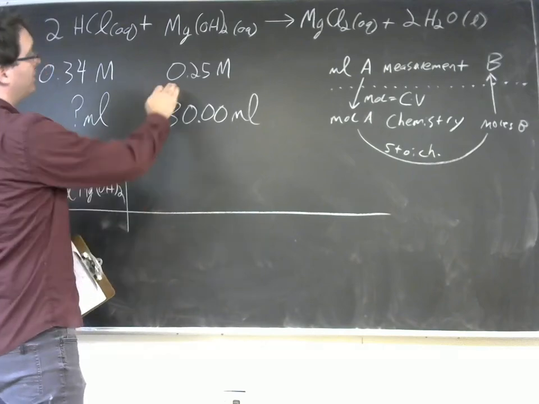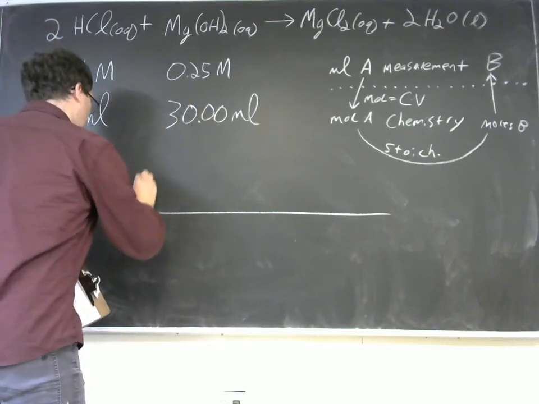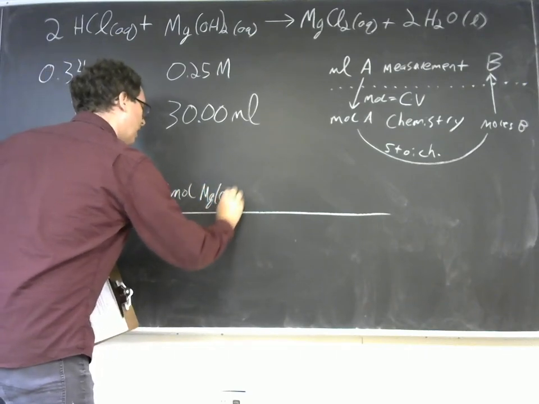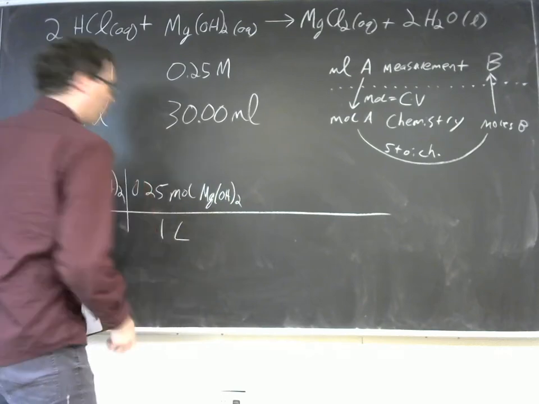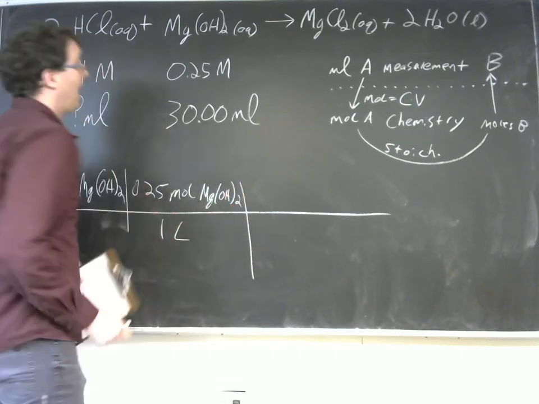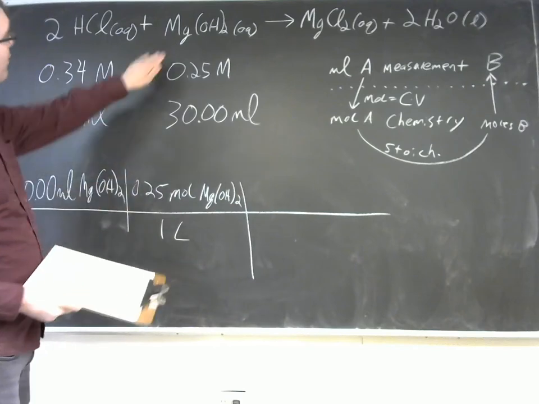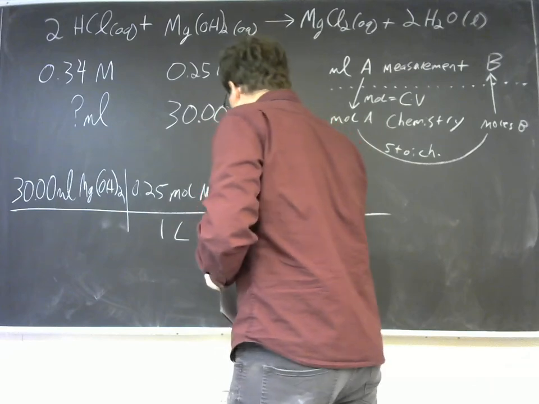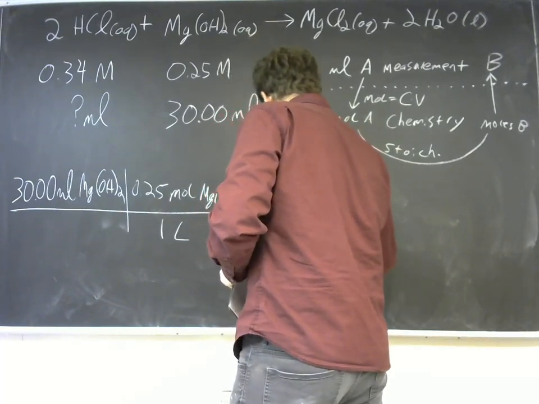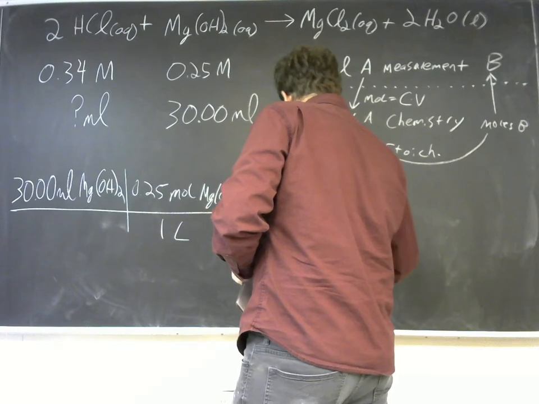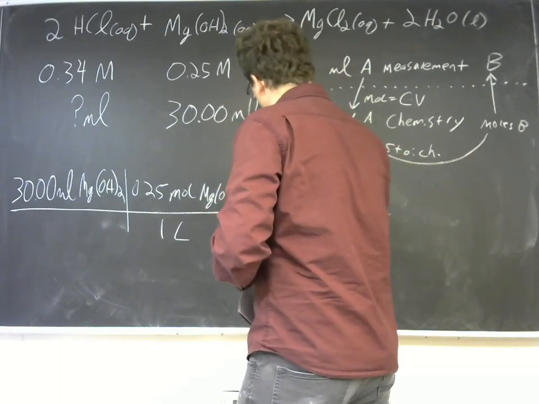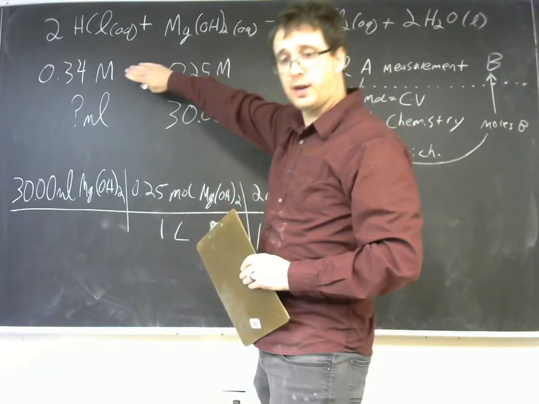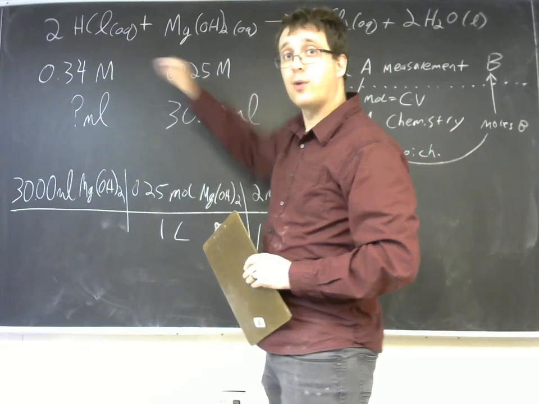So 0.25 molar means 0.25 moles of magnesium hydroxide for every 1 liter. And looking at our stoichiometry, 1 magnesium hydroxide gives 2 hydrochloric acids. So we'll say 1 mole of magnesium hydroxide is 2 moles of hydrochloric acid. And then the hydrochloric acid concentration is 0.34 moles per liter.